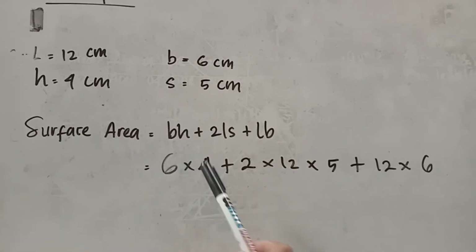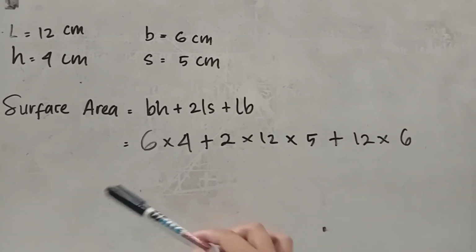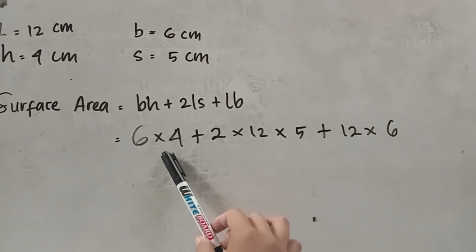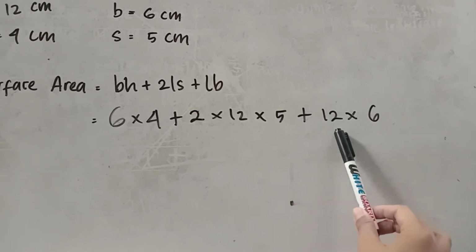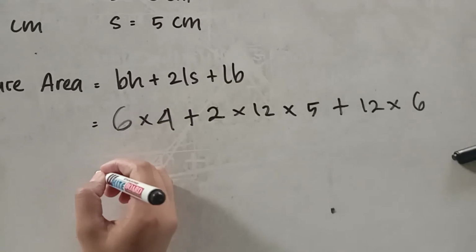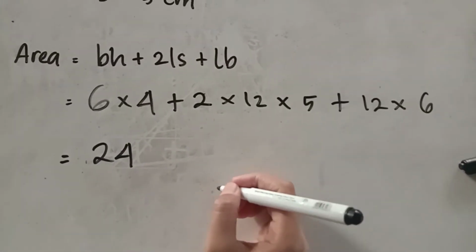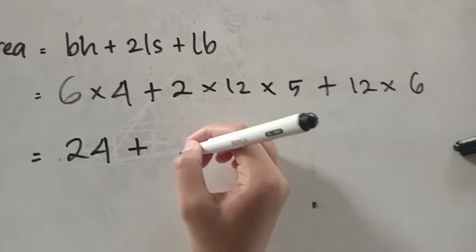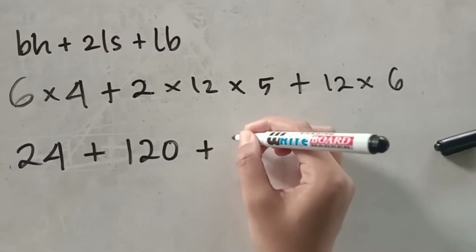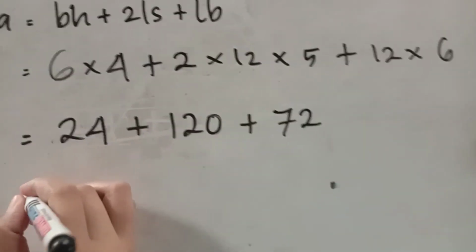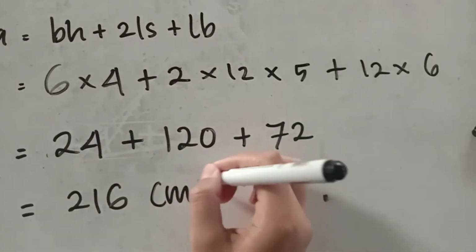Surface area is the formula BH plus 2LS plus LB is 6 multiplied by 4 plus 2 multiplied by 12 multiplied by 5 plus 12 multiplied by 6 is 24 plus 120 plus 72 is 216 centimeters squared.